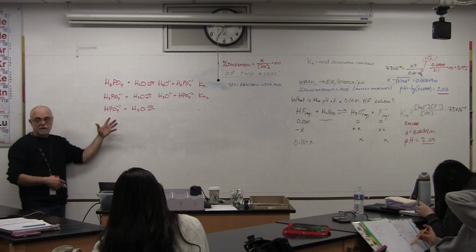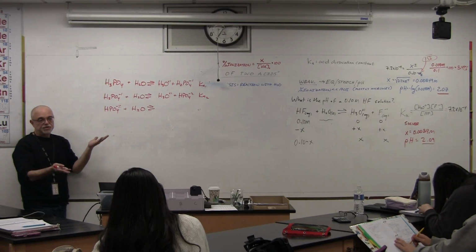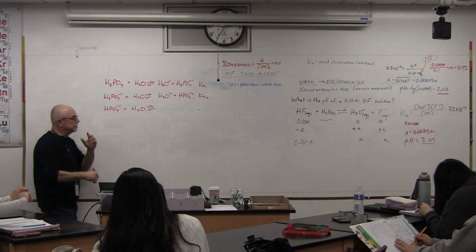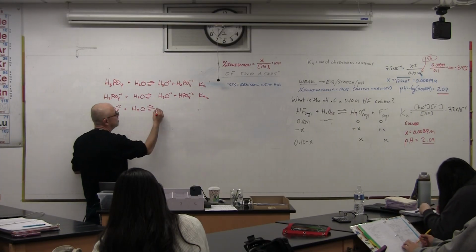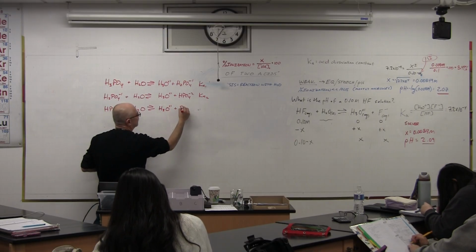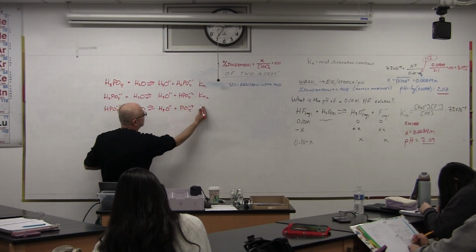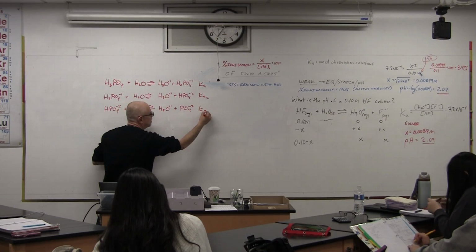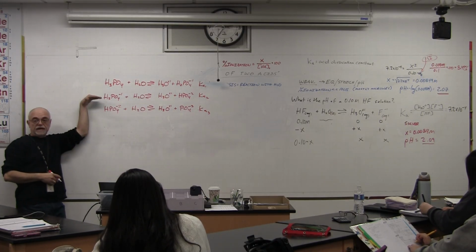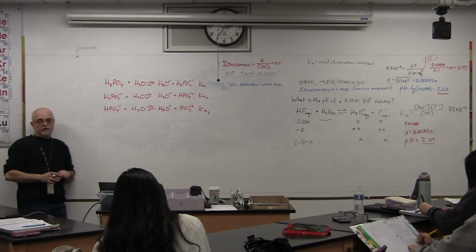I want you to be able to write these out, so you see the relationships of how each part of the titration curve fits with each part of these reactions. So we produce our final hydronium and our final conjugate base here, and obviously we cannot go any further. So just make sure you understand, if you have a polyprotic acid, how to lay out these hydrolysis reactions.